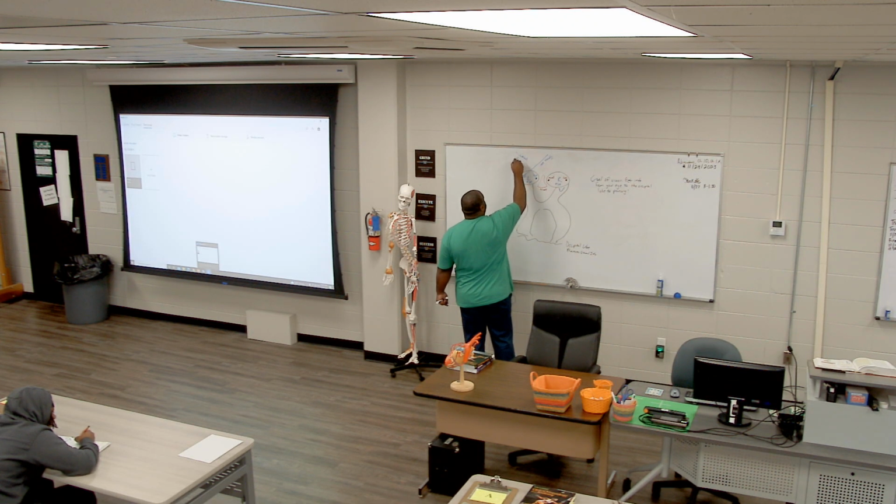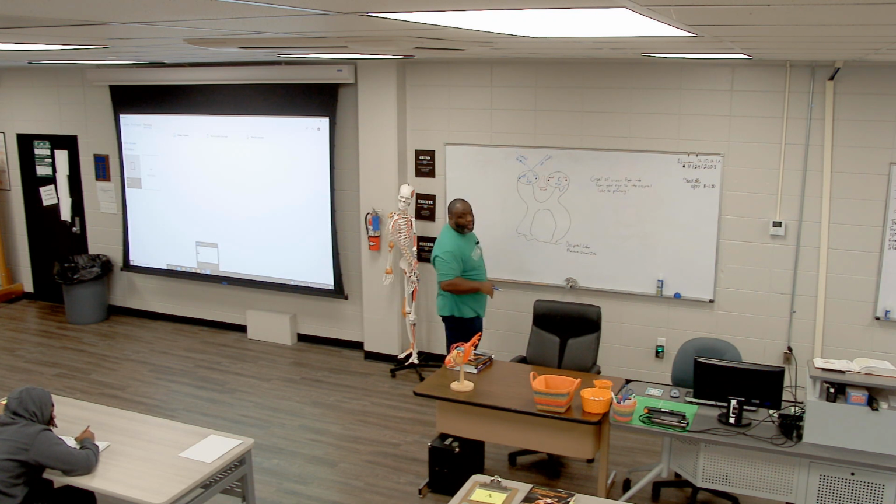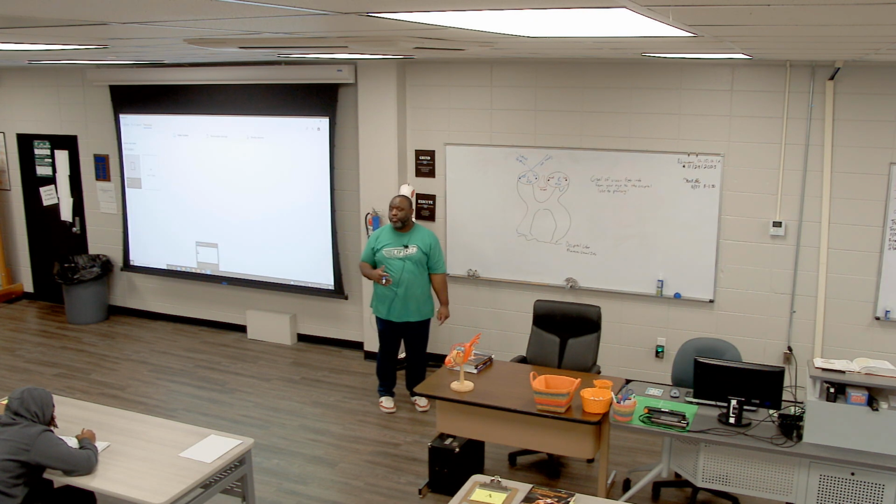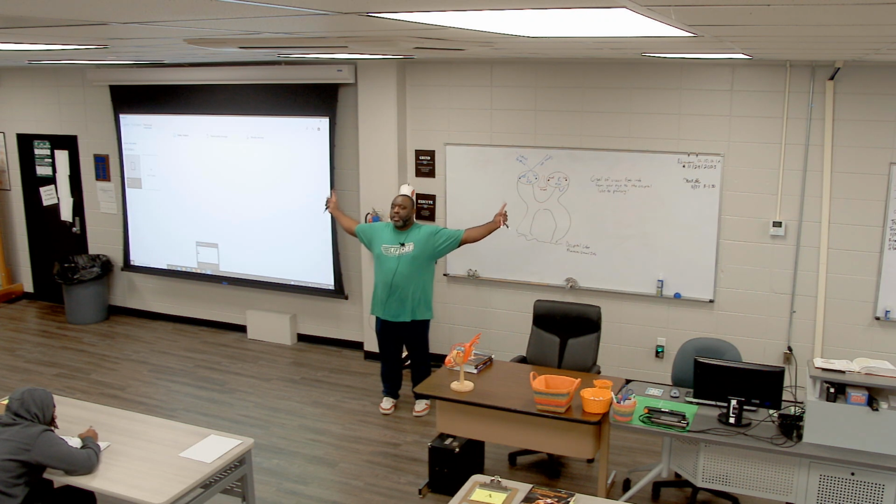Peripheral is a term that you really want to use. So your medial rods and cones' job is to see peripheral, your peripheral vision. If you are looking straight ahead, it's the stuff you see out of the corner of your eye. You can test your peripheral vision by putting up two fingers, going as wide as you can so you shouldn't be able to see your fingers, and then slowly working your hands towards the midline.